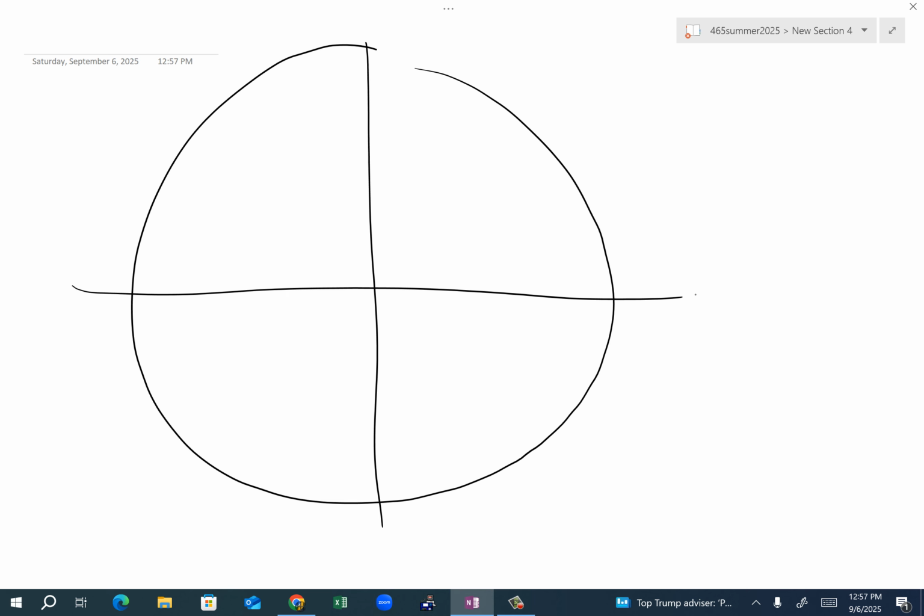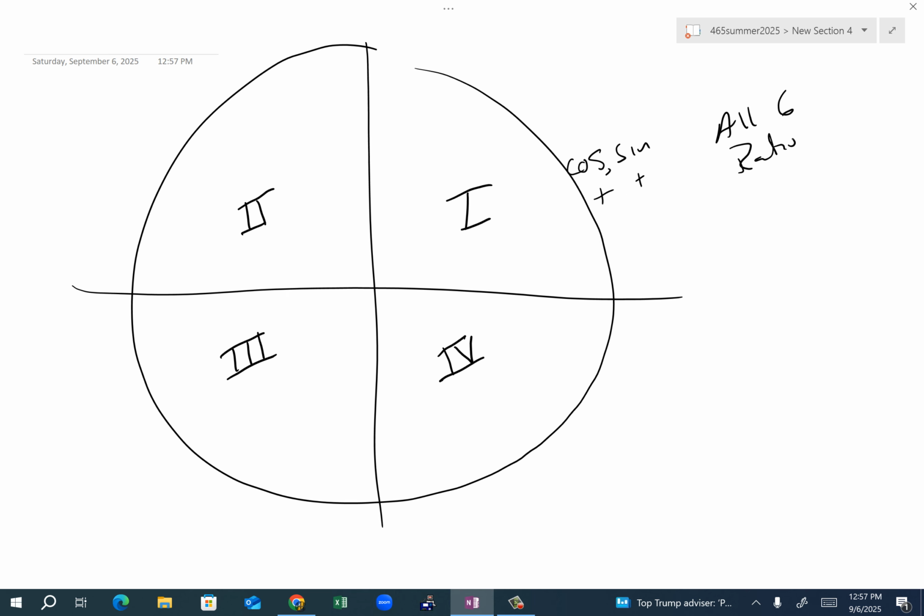It's division. Quadrant 1, 2, of course, 3, and 4. If you remember, I'm always going to write it cosine, comma sine. They are both positive up here. That means all 6 ratios are positive: sine, cosine, tangent, cotangent, cosecant, and secant, because sine and cosine are both positive.